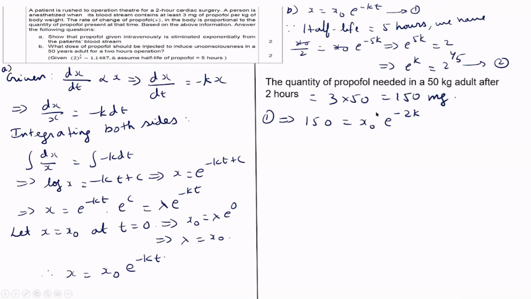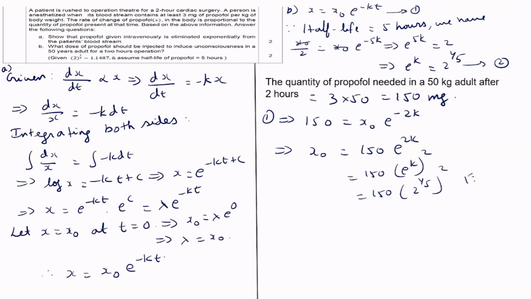We need to find the initial dose that has to be given to the patient. x naught we need to find. So this implies x naught is equal to 150 into e raised to 2k. It is 150 into e raised to k the whole square. It is 150 into 2 raised to 1 by 5. This is from 2.